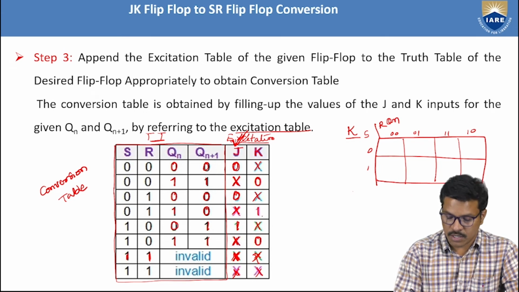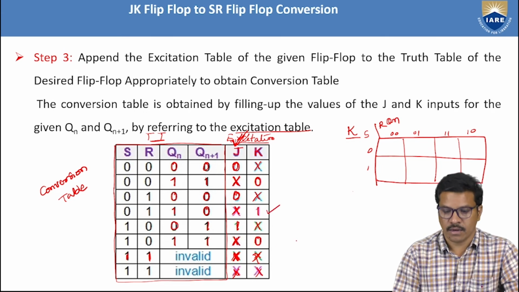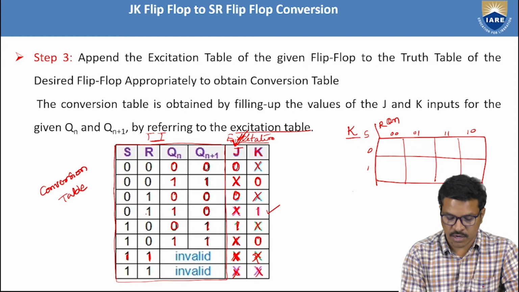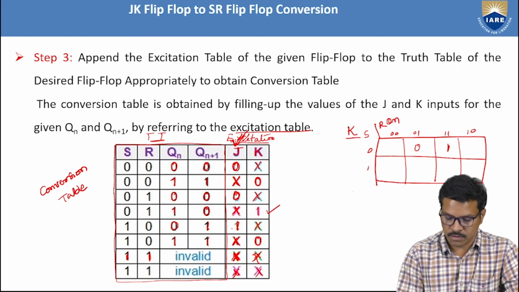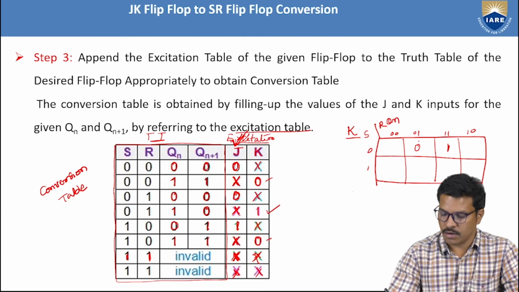And what are the logic ones in the K column? Combination of inputs S and RQn: 011 is logic 1, 001 is logic 0, 101 is logic 0, remaining are don't cares.